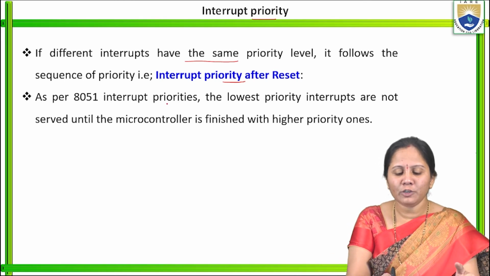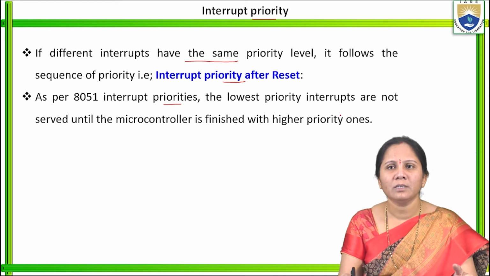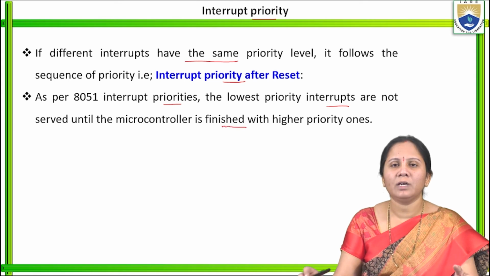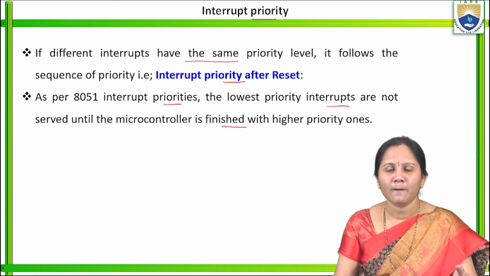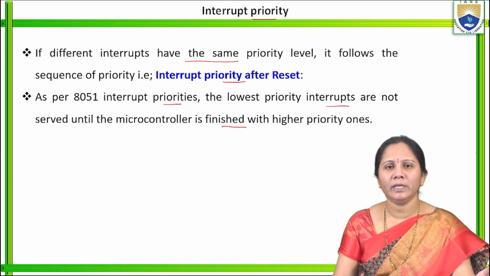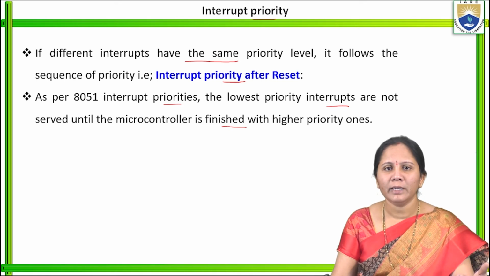As per 8051 interrupt priorities, the lowest priority interrupts are served until the microcontroller finishes with the highest priority ones. That means if the microcontroller is executing the lowest priority interrupt and any other interrupt comes which has the highest priority, the microcontroller stops serving the lowest priority interrupt and starts servicing the highest priority interrupt.